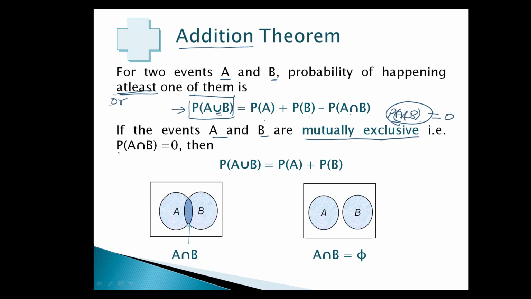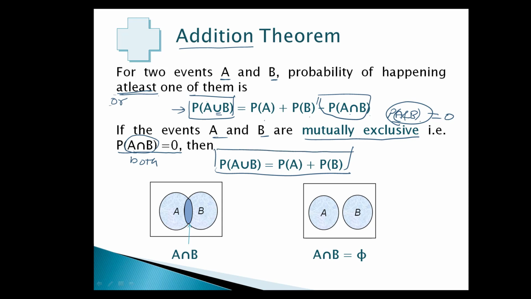It means the probability of A intersection B is 0. I hope you understand that A intersection B represents that both A and B will happen. So if we put this quantity 0 in the previous equation, we get the rule P(A union B) is equal to P(A) plus P(B).